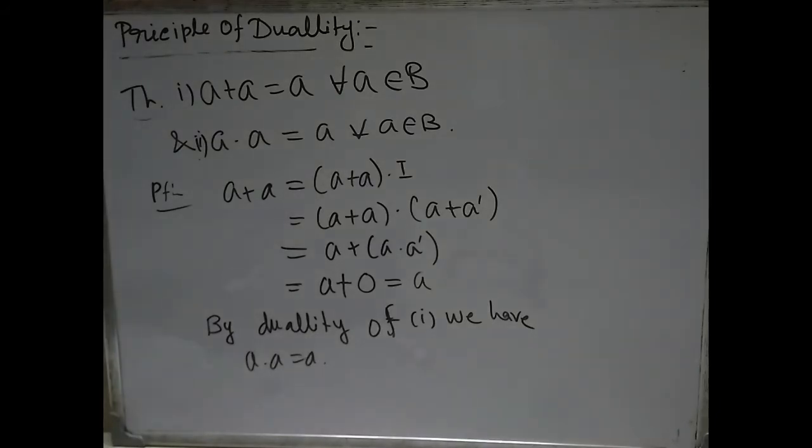As I said, plus and dot can be interchanged, similarly 0 and I. So this is the interesting thing on duality.